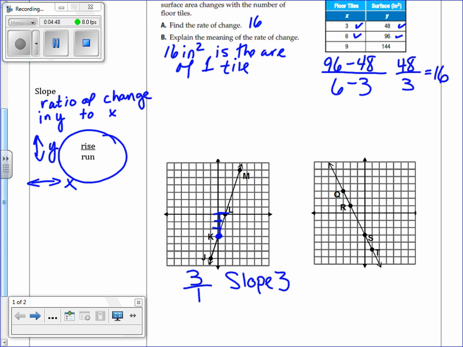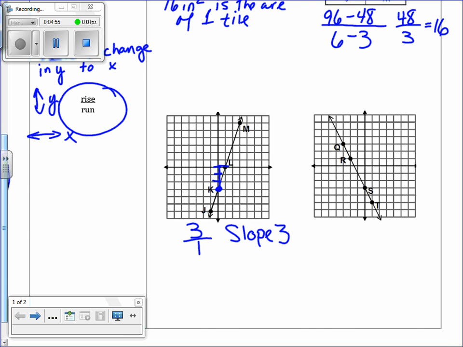Okay. Now, let's go ahead and put this along with what we talked about in last class. If we want to put it in slope-intercept form, remember we talked about that and we said y equals mx plus b. Okay, I just figured out my slope is 3.